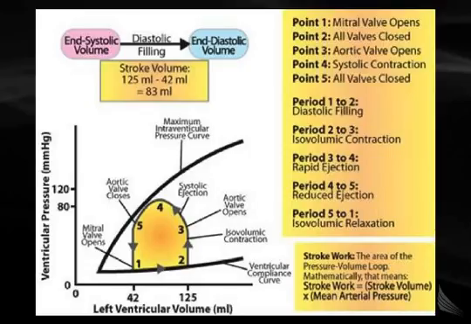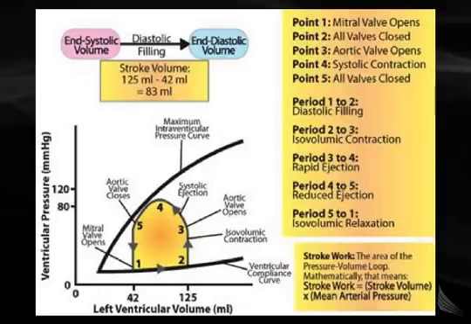On this slide, we have an example of a volume pressure loop. The dark lines in the chart you may recognize. These are your systolic and diastolic pressure boundaries. On the y-axis you have ventricular pressure, and on the x-axis you have left ventricular volume.